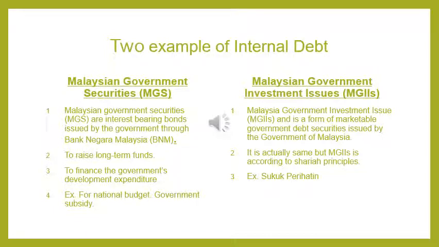It is actually the same as the MGS I mentioned just now, but MGII is according to Sharia principles. The best example I can give is Sukuk Prihatin, which is one of the MGII that Malaysia issued to combat the COVID-19 pandemic last year.